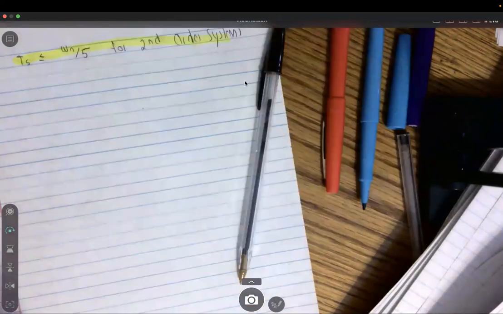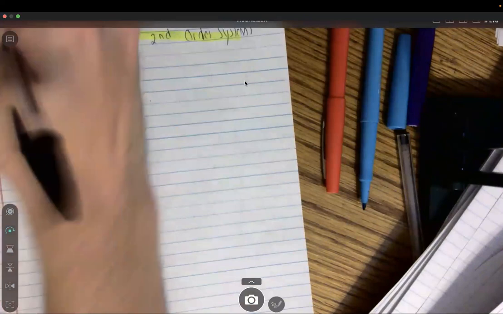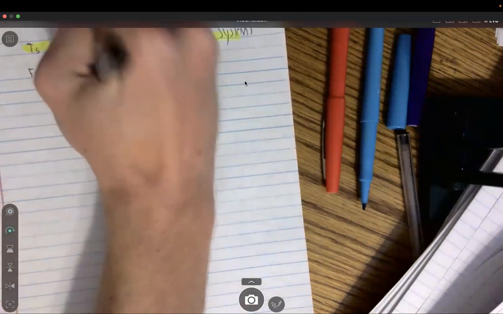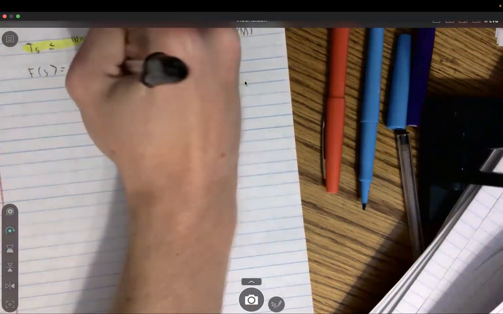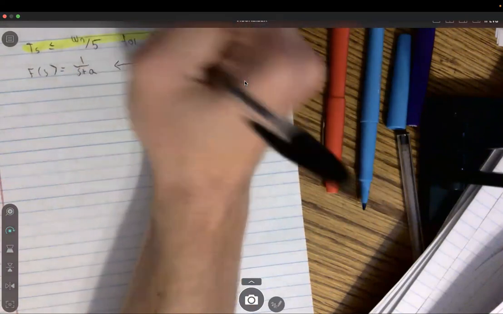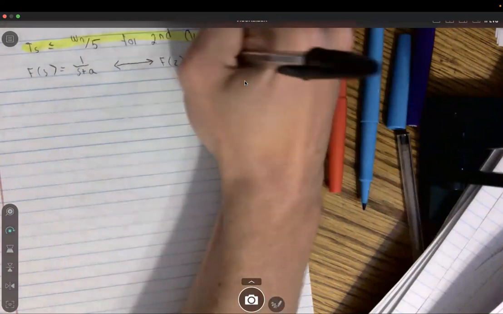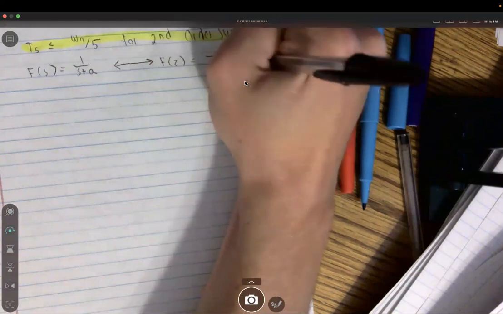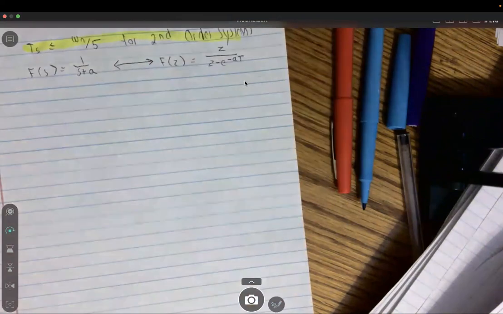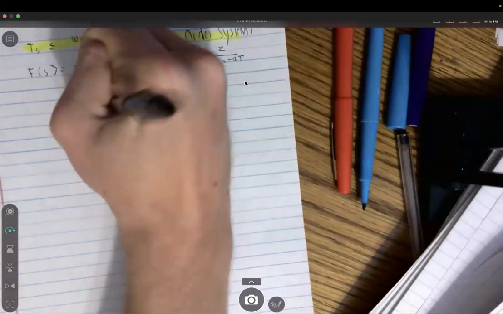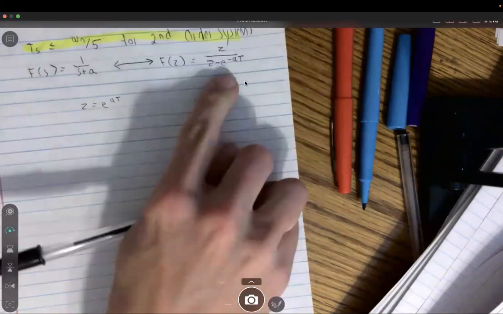What you're going to see here is if we have a pole, so if F of S is equal to 1 over S plus A, then in the Z domain, remember, F of Z is going to equal Z all over Z minus E to the negative AT.